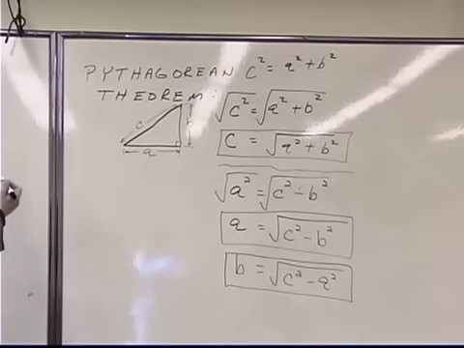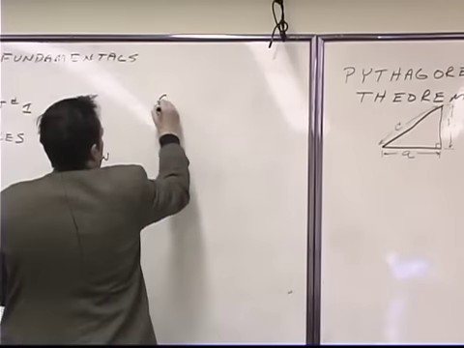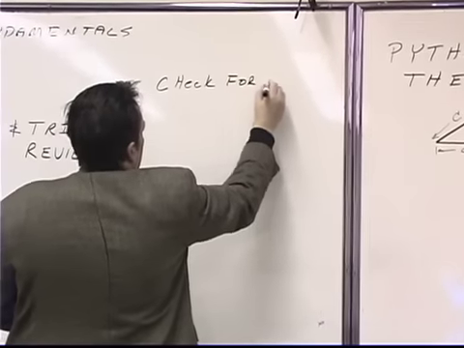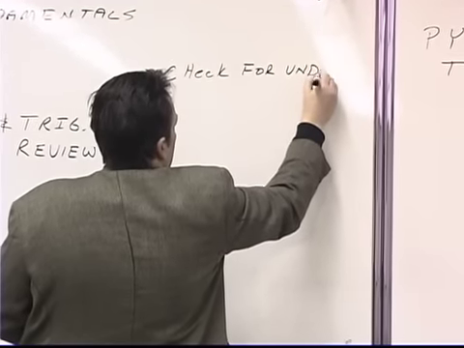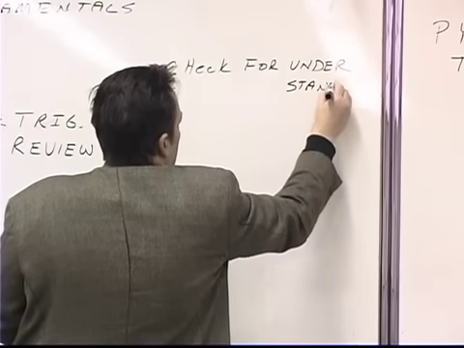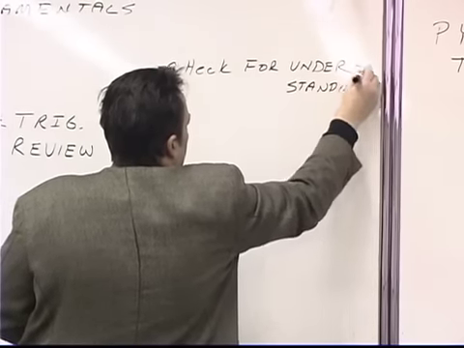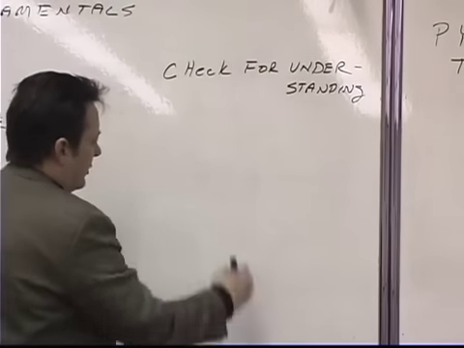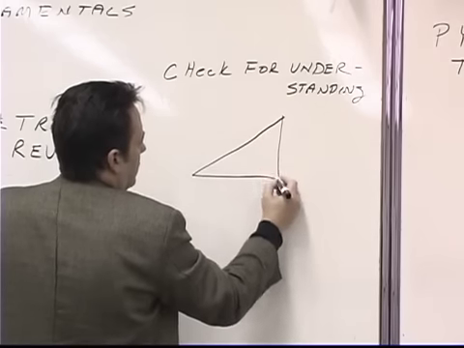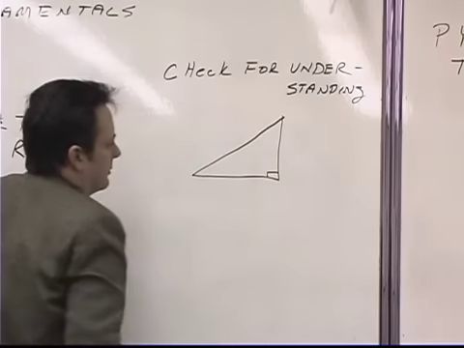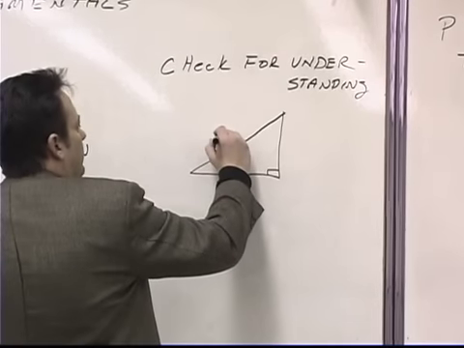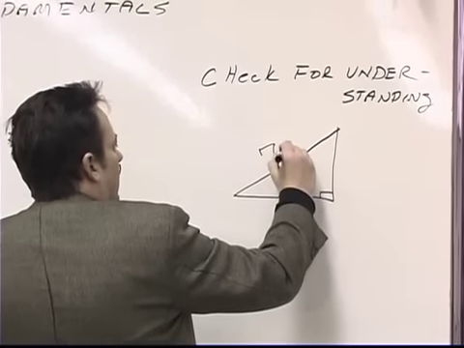Okay, so let's just do a quick check for understanding. I'm going to draw a right triangle. I'm going to indicate on this right triangle that the length of the hypotenuse is 7 feet.